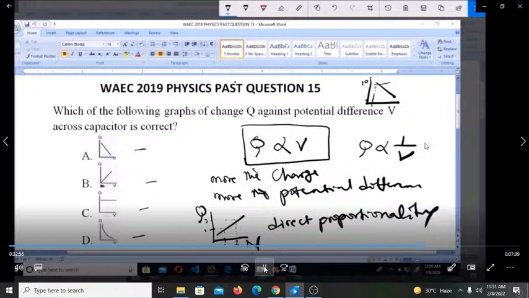So the right option from what we have here is B. This is direct proportionality. This is inverse proportionality. This is remaining constant. And this is not a straight line relationship. So with that, B is the answer to our question.